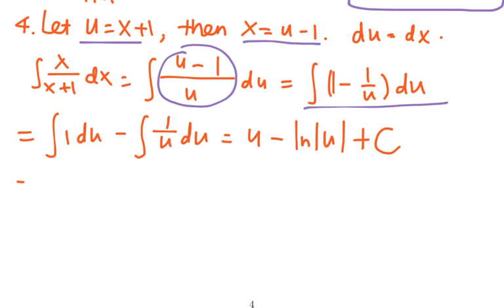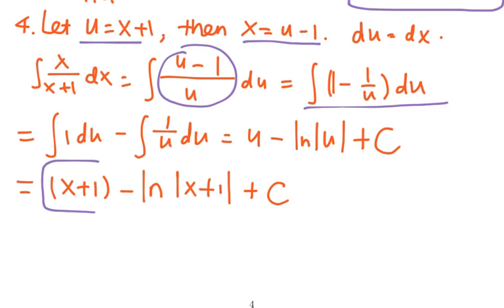Finally, we're going to replace everything in terms of u back to x plus 1. So that is x plus 1 minus the natural log of the absolute value of x plus 1, plus a constant c. And this is our final result.